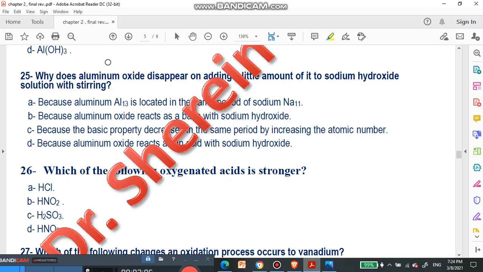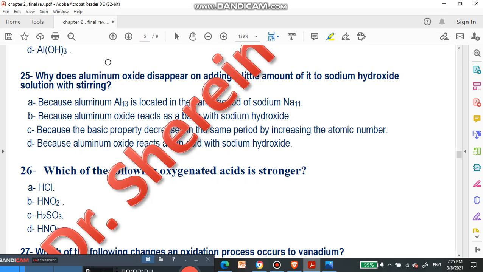As we took before, aluminium oxide is an amphoteric oxide, sometimes behaving like an acid. It is old information that we took in second prep, not in the secondary stage at all, but we have to remember the old knowledge.